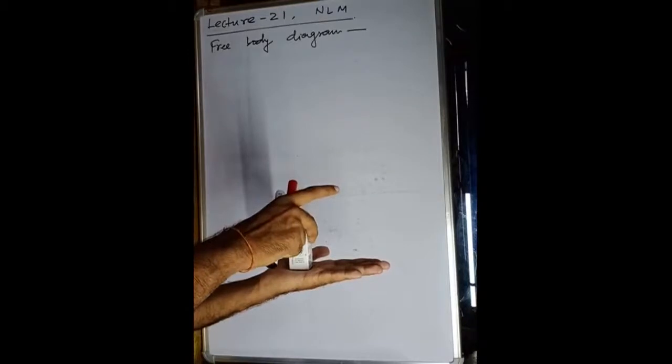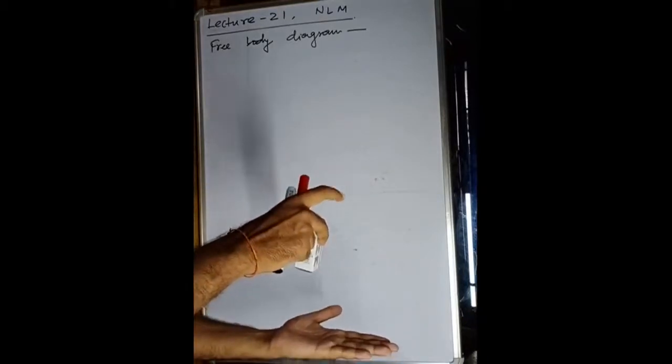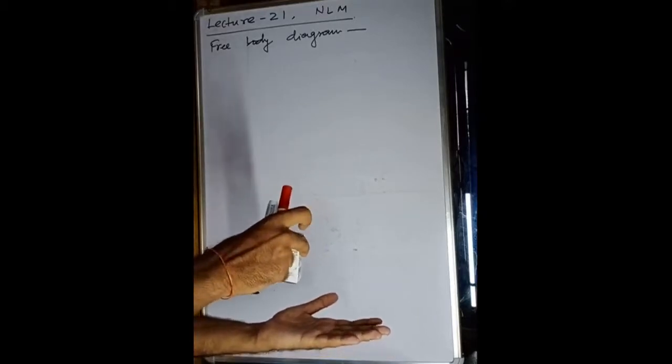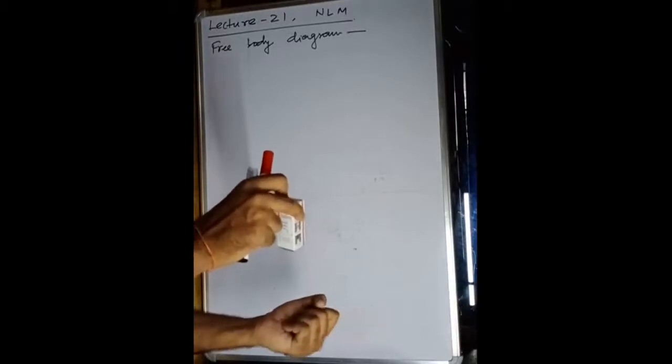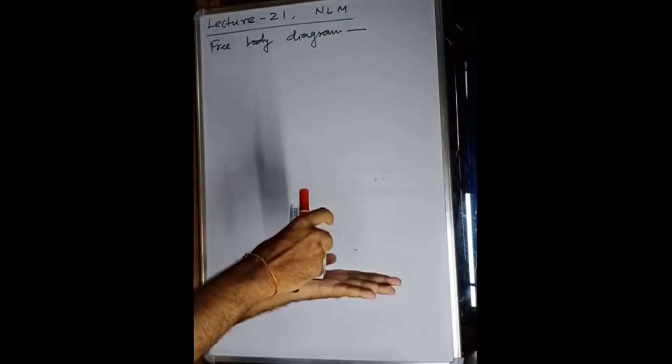I will remove my palm, that is the surface. I have to show this surface as well as this body, applying all the contact forces that were acting earlier over this body so that it was in equilibrium. Yes, look here carefully.